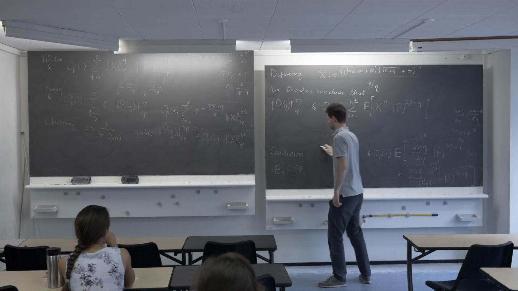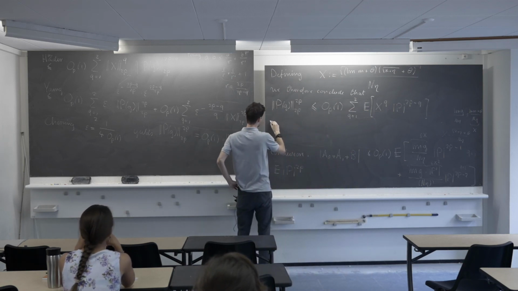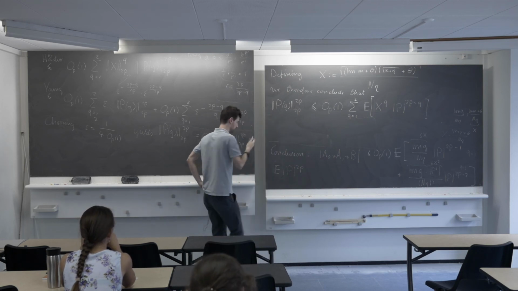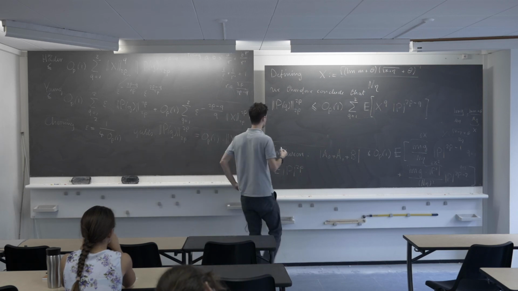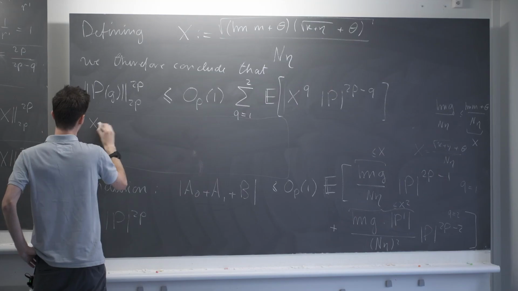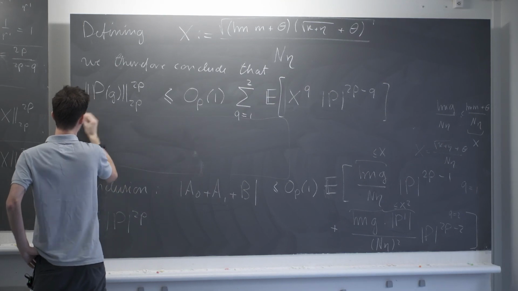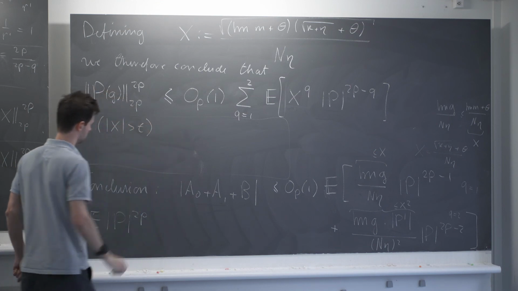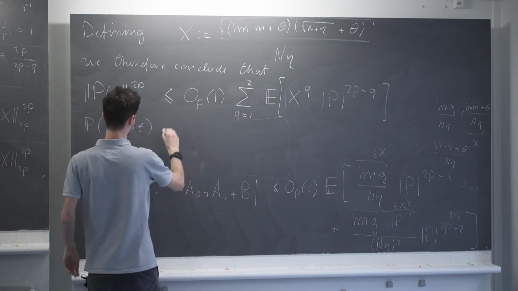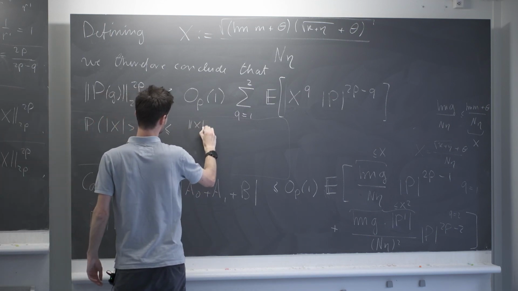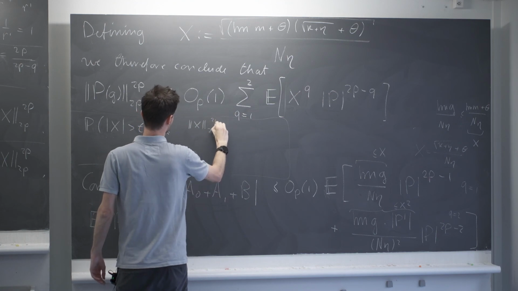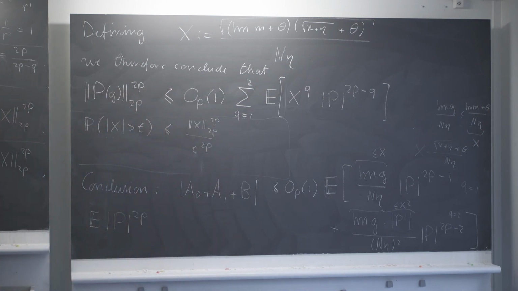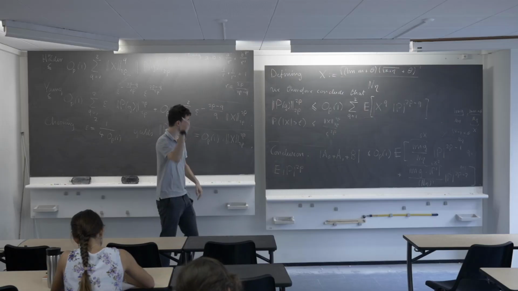I just want to explain what you have to worry about. Chebyshev tells you, in the version we are using, Chebyshev for moments, that if you have a random variable x, the probability that x is bigger than or equal to t is bounded by this.